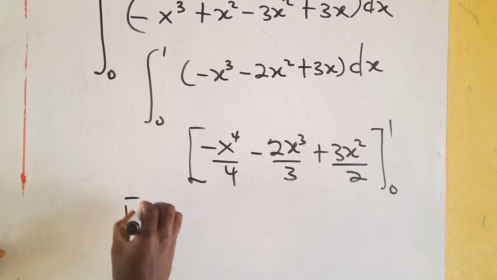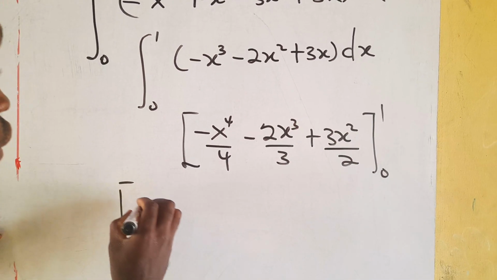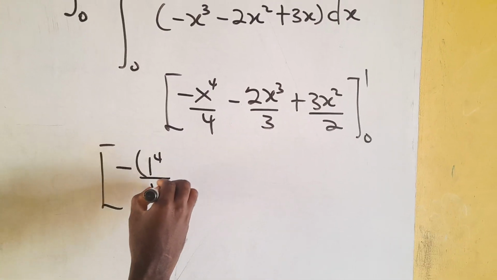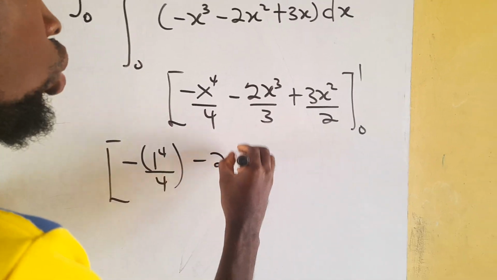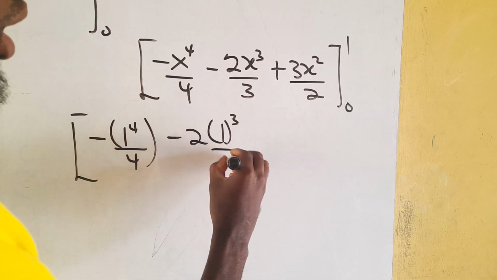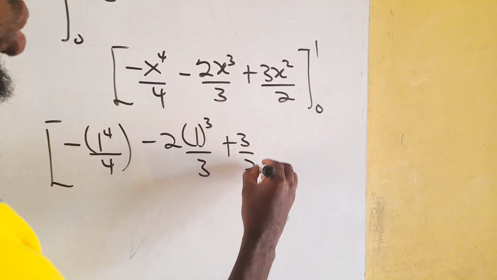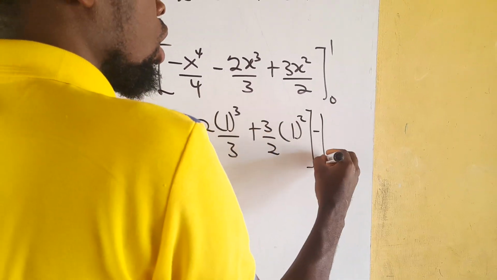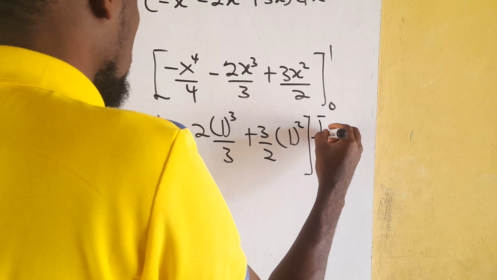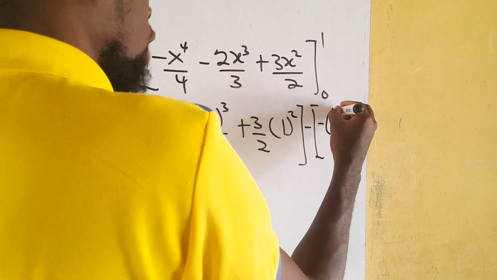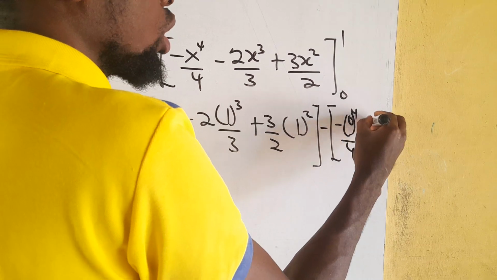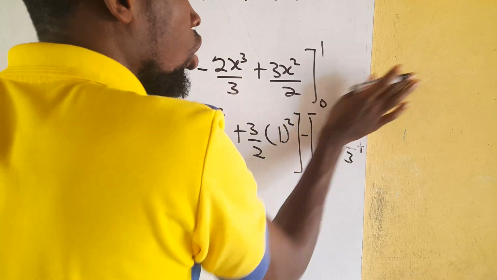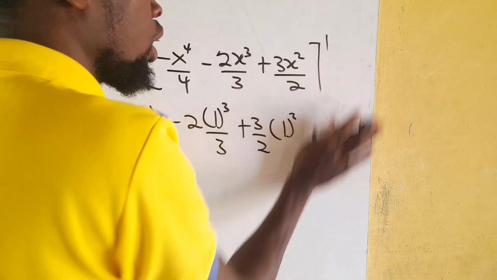So we substitute 1 minus substitute 0. So we have negative 1 exponent 4 over 4, then minus 2, 1 exponent 3 over 3, plus 3 over 2, 1 exponent 2, then minus negative 0 exponent 4 over 4 minus 2 times 0 exponent 3 over 3, then plus... okay, let me clean that so I'll write it well for you to understand.